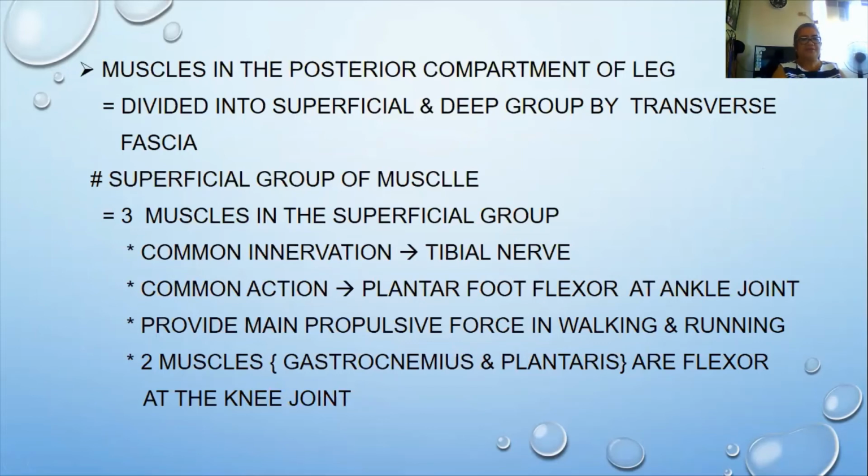These three muscles provide the propulsive force in walking and running. So when you walk, when you run, what pushes you would be these three muscles. Two muscles, the gastrocnemius and the plantaris, are flexors at the knee joint.